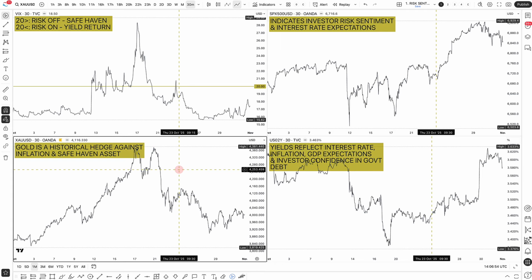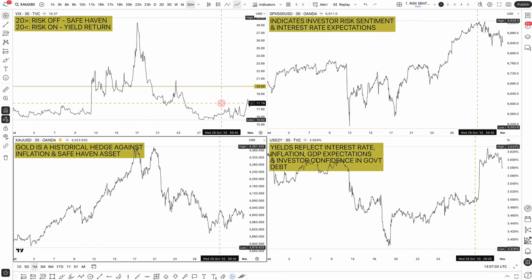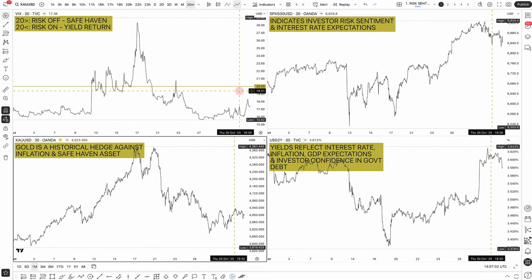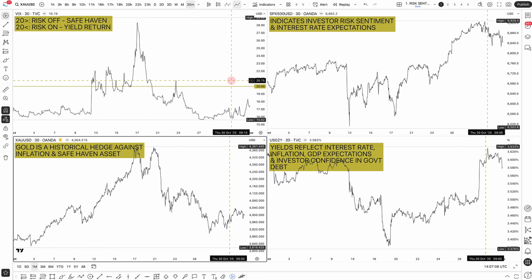Looking at the top left-hand side chart, the VIX, the volatility index, is a measure of volatility, but also of whether risk is on or off. The higher the VIX, the more intense the risk off sentiment, and the lower we are, below 20, the more we're looking at yield return.